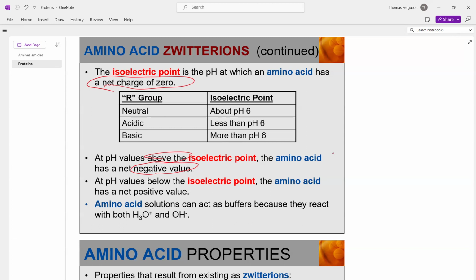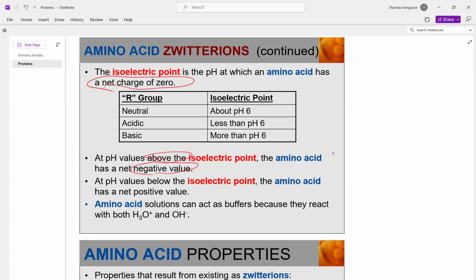So when you start lowering the pH in milk, like if it's sitting out on a counter fermenting, that bacteria will produce lactic acid. Lactic acid lowers the pH to the point where the pH is now at 4. That's when your milk curdles at pH 4, because that's the isoelectric point of casein.